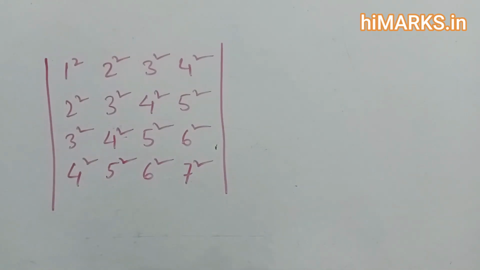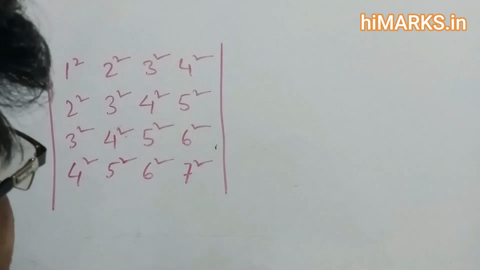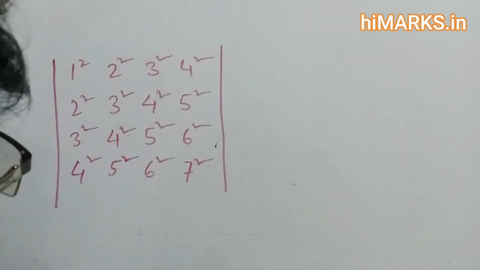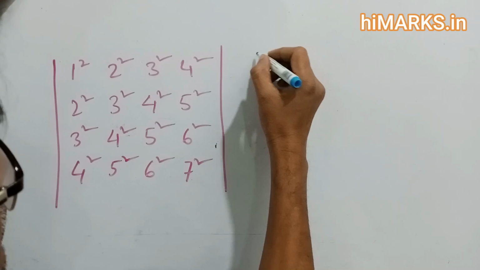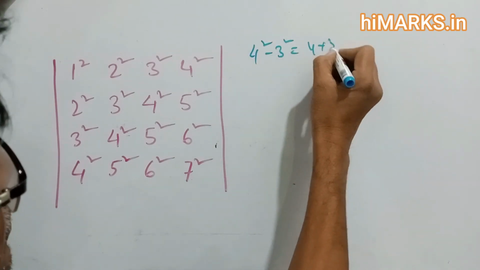So this is the determinant given, and without expanding, you have to prove the value of the determinant is 0. One property, if you observe it here, is that for any square values, 4 square minus 3 square is 4 plus 3.